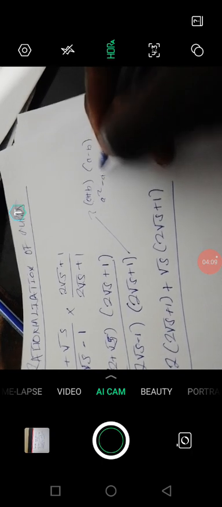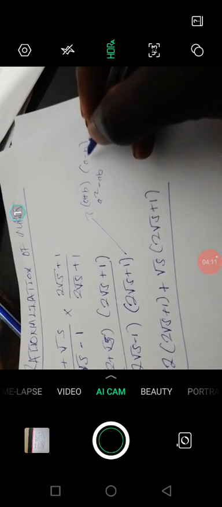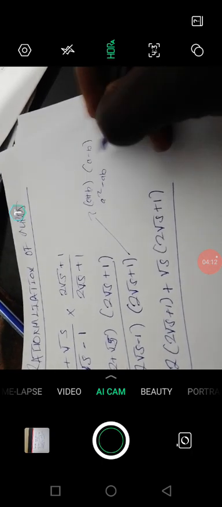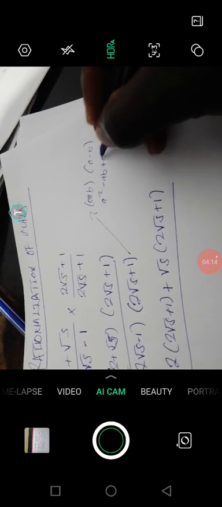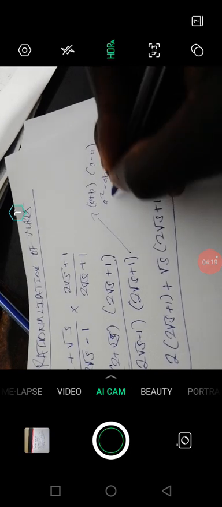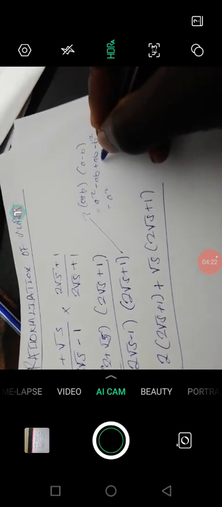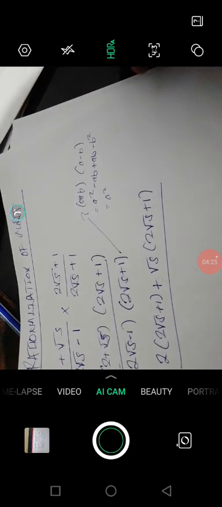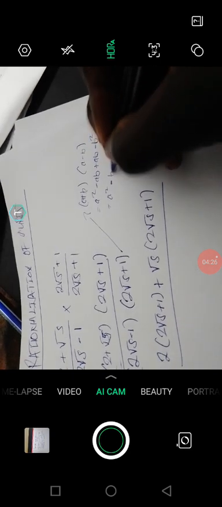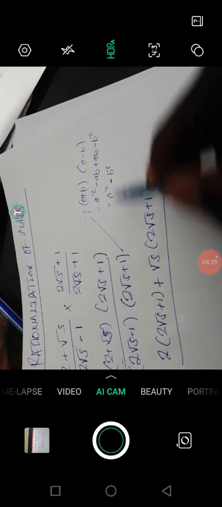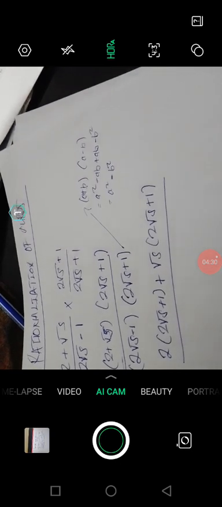It is negative ab. What is b times a? It is ab. What is b times negative b? It is negative b squared. Then we say a squared; negative ab plus ab is 0. We're going to remain with a squared minus b squared.